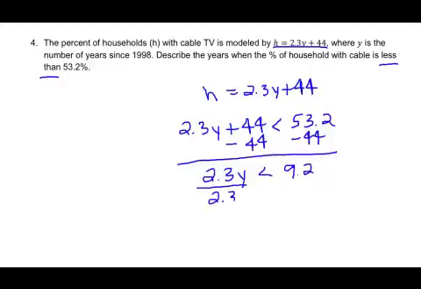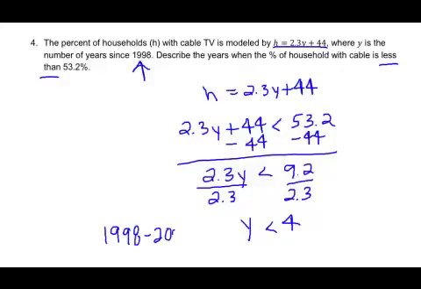Then we have to divide by 2.3 to isolate y. So y is less than 4. So if we're looking at the years since 1998, y is less than 4. So that's going to be from 1998 to 2002. So a 4-year span. Since 1998, it can go all the way up to 4 years from then, which is 2002.